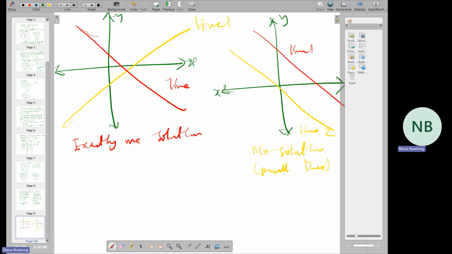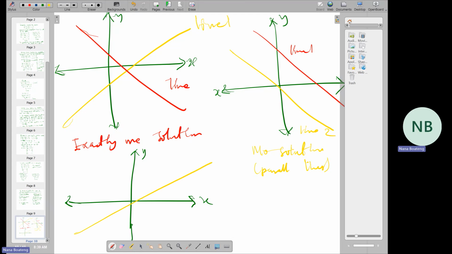And lastly, if the system has infinitely many solutions, then it means the two lines are identical. So let's say this is your y-axis, this is your x-axis. You have the two lines lying on top of each other.